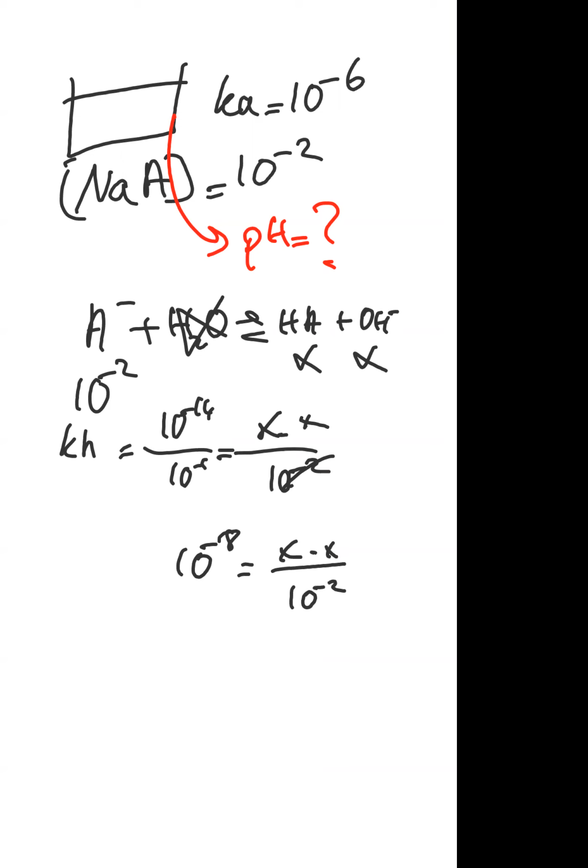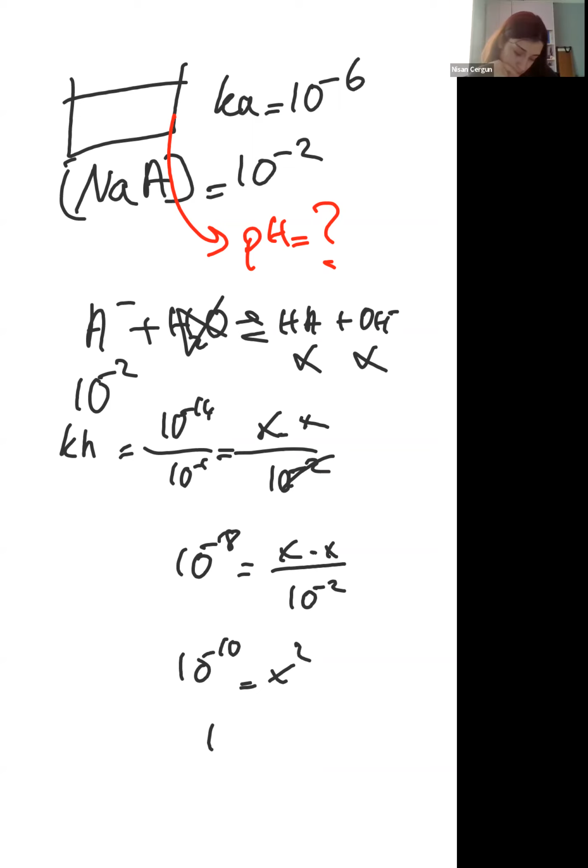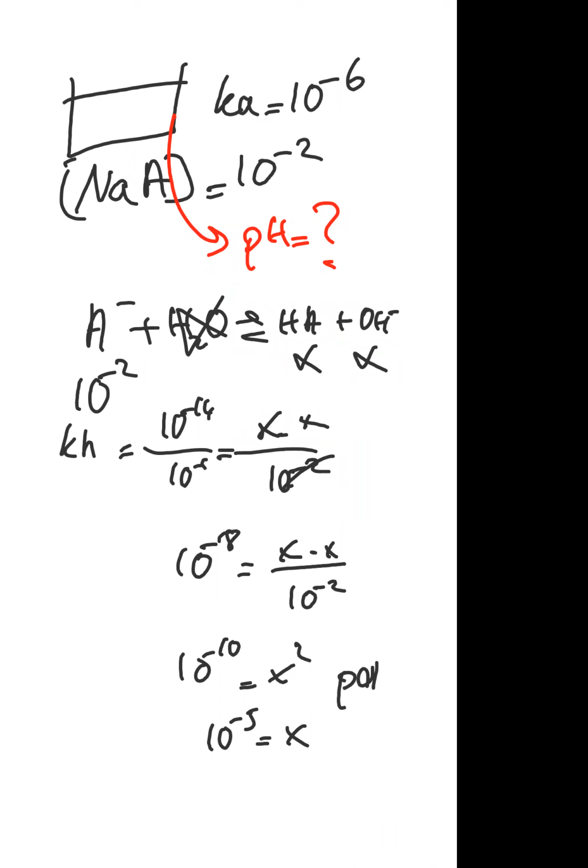Then X squared equals 10 to minus 10. Then we have 10 to minus 5, which is the hydroxide. The pOH is 5, so the pH is 9.